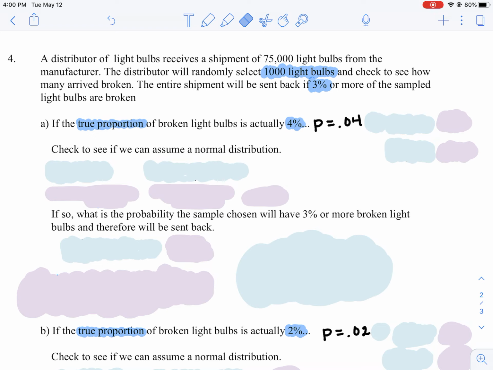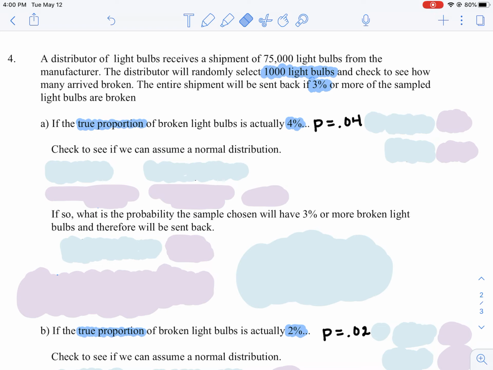We need n, our sample size, times p, our proportion, to be greater than or equal to 10. And we also need n times 1 minus p to be greater than or equal to 10. So right now, determine whether or not we can assume a normal distribution. And hopefully you answered correctly, yes.